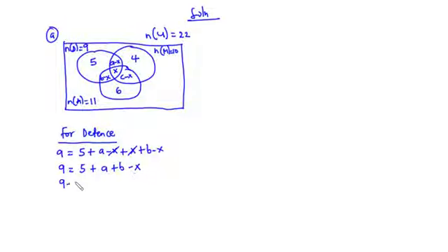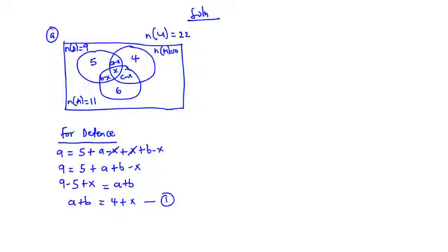So we have 9 minus 5 plus X equals A plus B. So A plus B is equal to 9 minus 5 is 4, so 4 plus X. Let's call this equation 1.